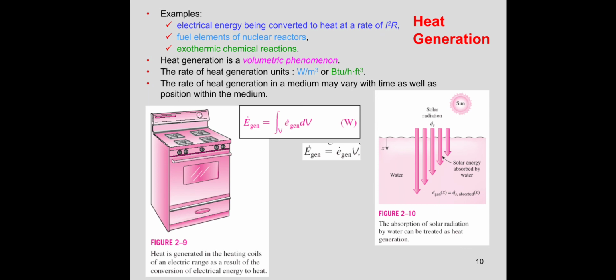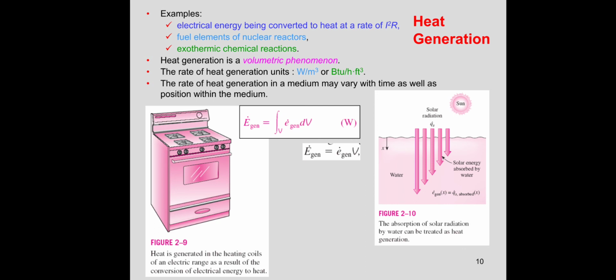Okay, then the next example is that absorption of solar radiation by water can be treated as heat generation. Generally in water there is no heat generation, but due to the solar radiation absorption, the heat will be generated. So if you consider water as a system, then the solar radiation enters this water, and that absorption is considered as heat generation. And the formula, if you see here, capital E dot generation is equal to the integration over the volume of small e dot generation multiplied with dV.